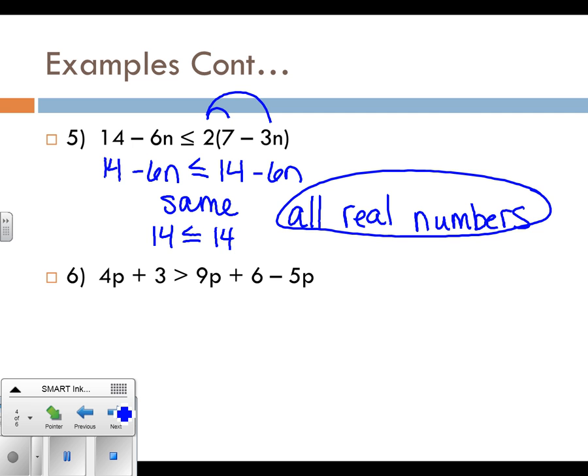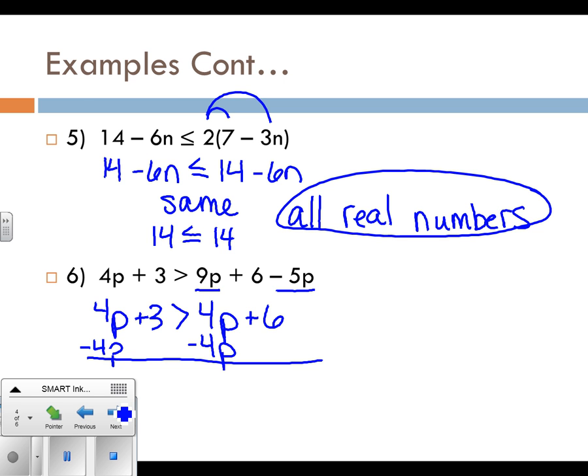4p plus 3 is greater than 9p plus 6 minus 5p. So we see we have an inequality, but on the right side of the inequality sign, we have to combine the like terms. 9p minus 5p gives you 4p plus 6, and on the other side we have 4p plus 3. If I subtract 4p from both sides, when we simplify those sides, we're left with 3 is greater than 6.